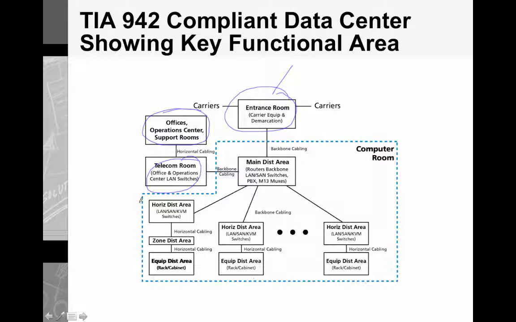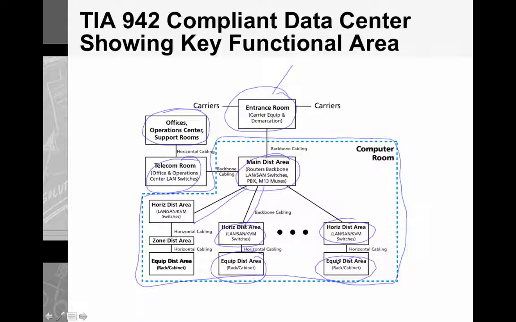And then this is your main computer room. This is where your servers are placed. And that's also organized as the main distribution area, which is where the switches are. And then there is something called the host distribution area, which is where the LANs are. So there are several LANs that are connected. And then there are the racks and cabinets. So the point I'm trying to make here is that in a data center, you may have 10,000 servers.